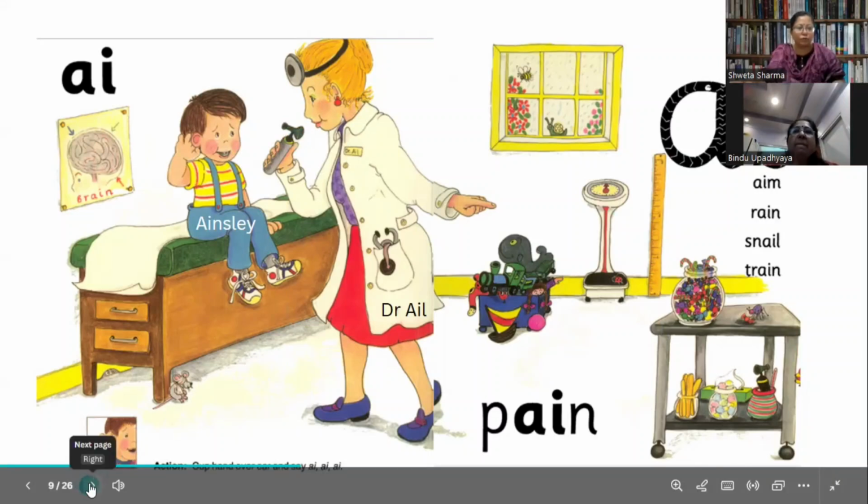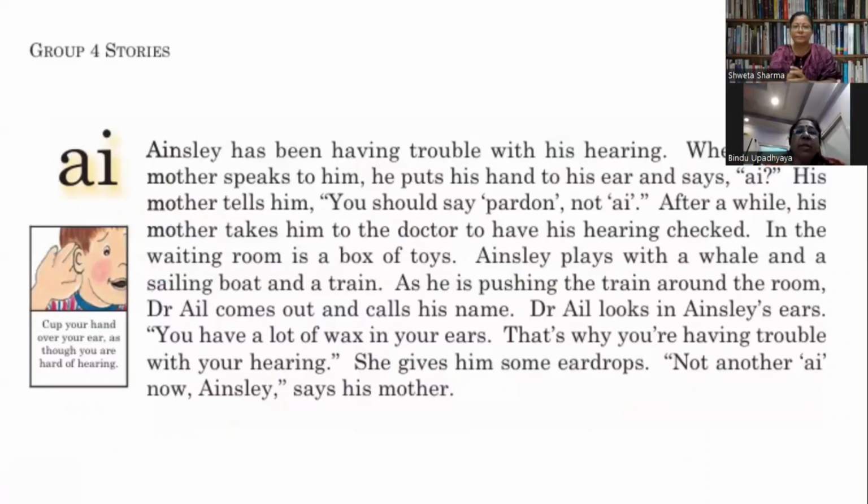Now you will read out the story for me from the next page. Okay. Ansley has been having trouble with his hearing. Whenever his mother speaks to him, he puts his hand to his ear and says, A. His mother tells him, you should say pardon, not A. After a while, his mother takes him to the doctor to have his hearing checked.